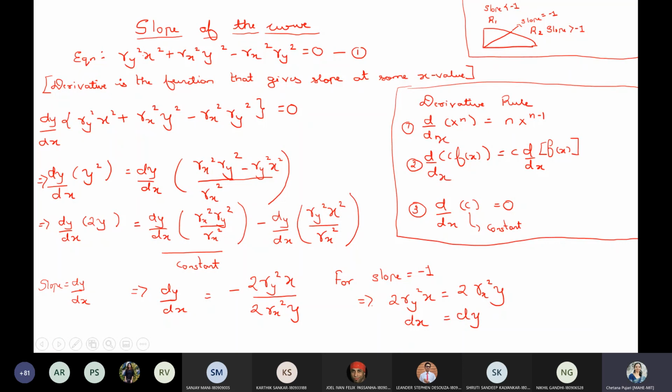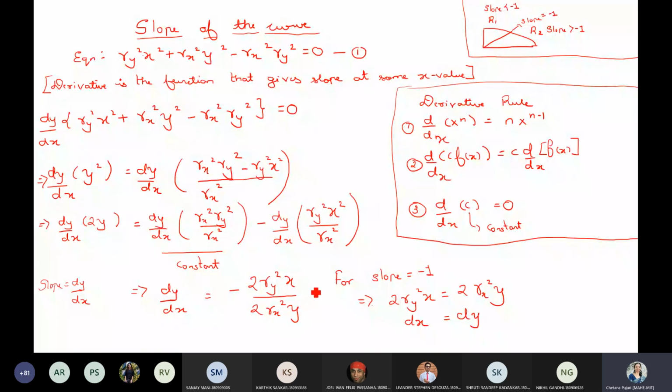We are trying to calculate this slope so that you can identify the stopping condition of region 1. The stopping condition is slope equal to minus 1. To calculate the slope, we make use of the derivative. In the derivative, the final equation you got is this.